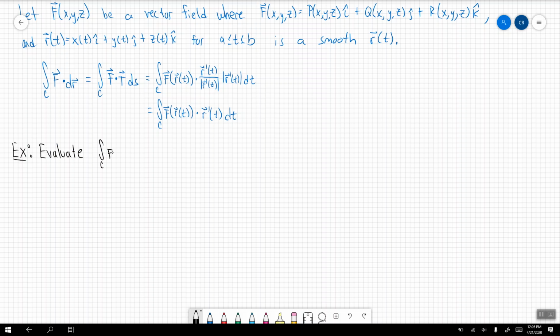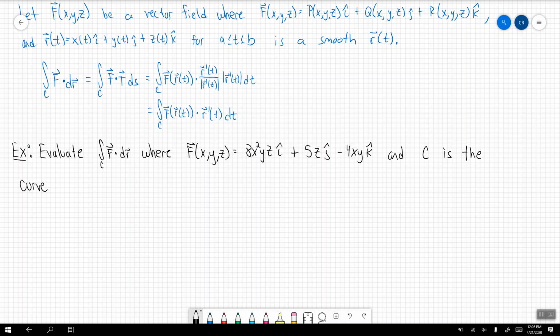We want to evaluate the line integral for this vector field with respect to r here, where my vector field function is 8x squared yz in the i component plus 5z in the j component minus 4xy in the k component, and C is the curve given by r of t, which is t in the i component, plus t squared in the j component, plus t cubed in the k component. And this is going to be for t bounded between 0 and 1.